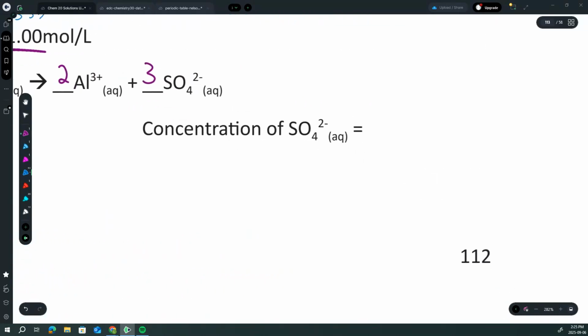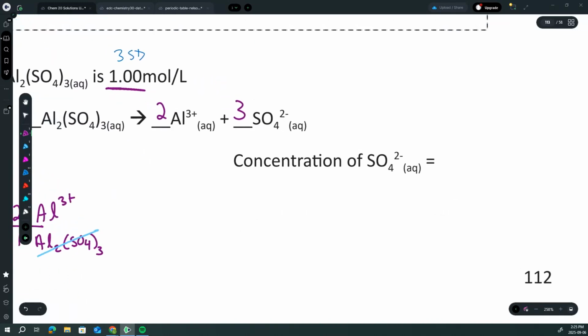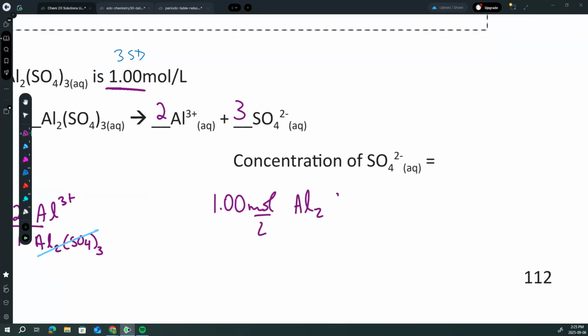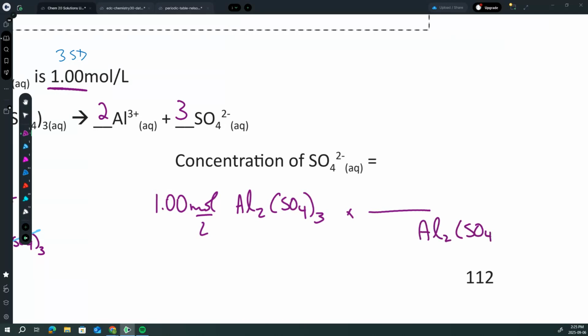All right, for the next question, figure out the concentration of the sulfate ions. First off, I'm just going to start back with what we were given. So 1 mole per liter aluminum sulfate, times by a fraction sign, aluminum sulfate, and we want the sulfate ions.